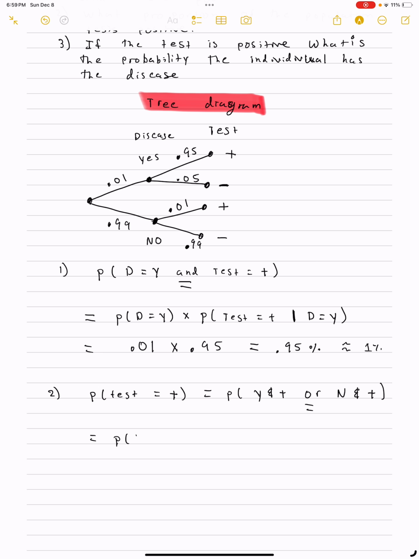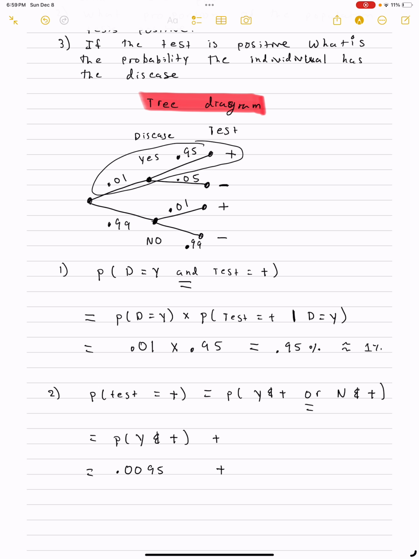So this first one is that we have the disease and the test is positive. Well, we just calculated that. That was this 0.95%, and that's 0.0095. That was given just by multiplying along the path to get a positive.